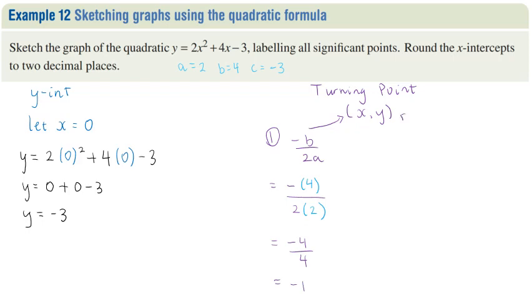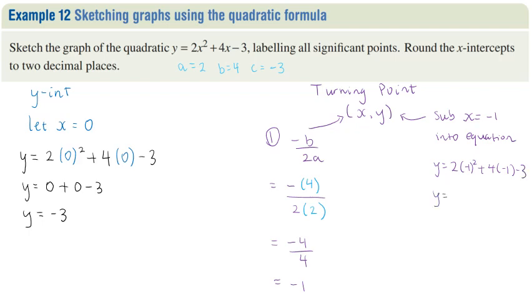To find the y coordinate, I sub x equals negative 1 into the equation. So we've got y equals 2 times negative 1 squared plus 4 times negative 1 minus 3.